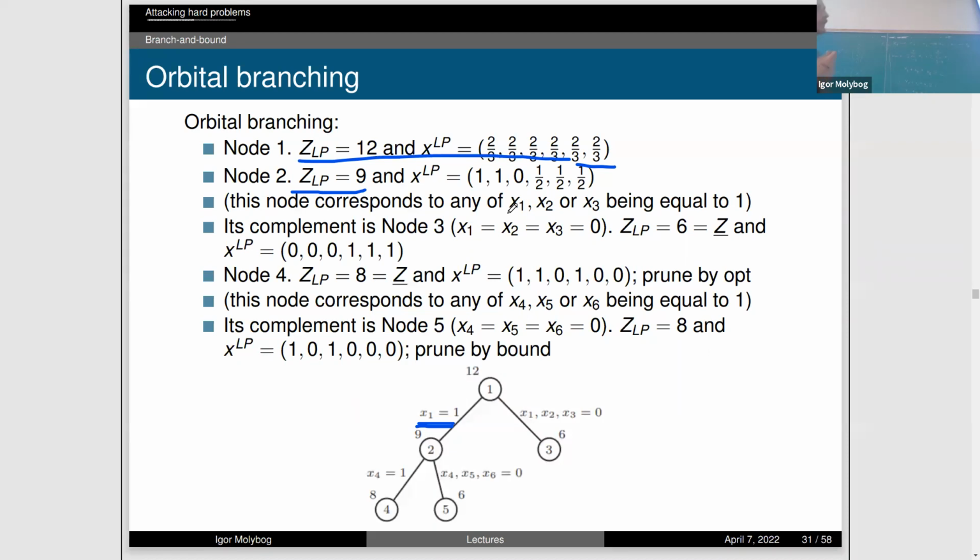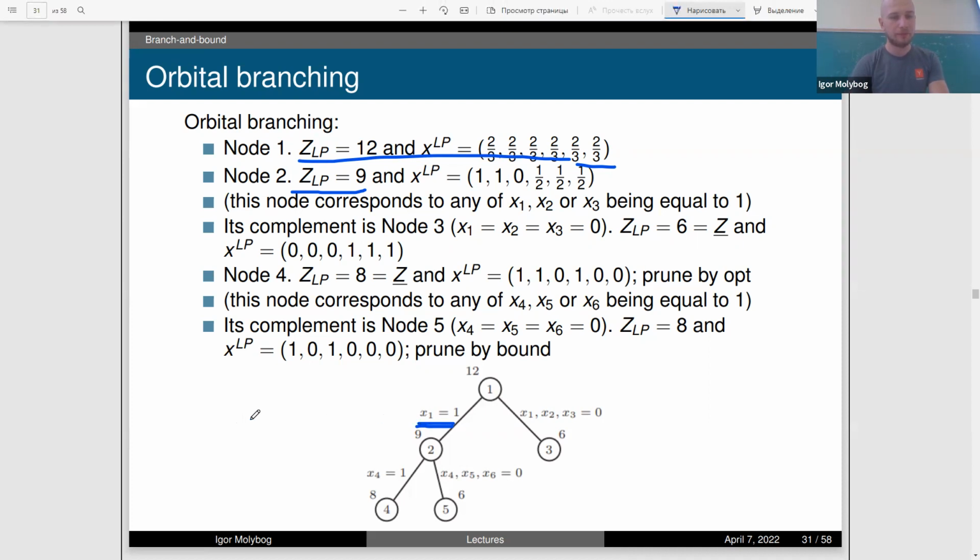Let me clarify on this. On this branching, your two logical predicates that you're assuming are that x1 or x2 or x3 can be equal to 1.